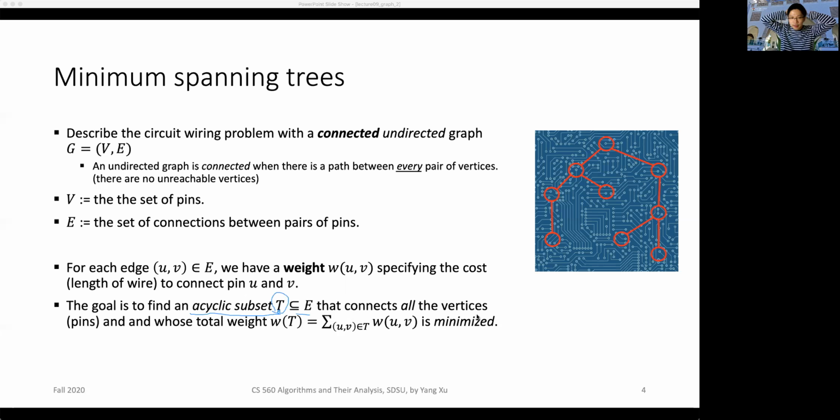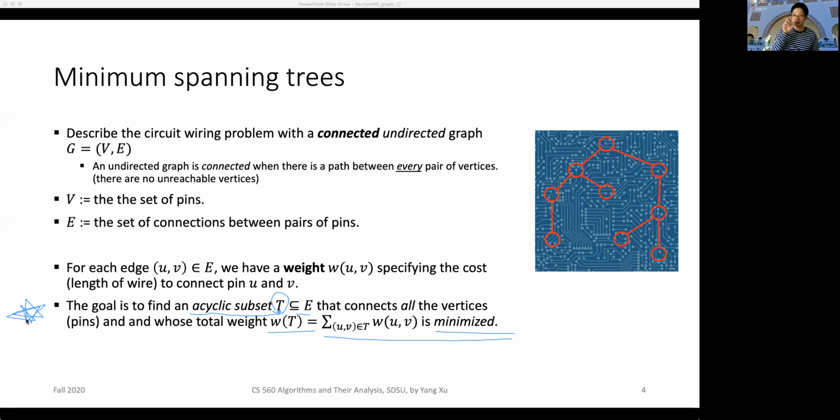And we want the total weight of this subset of edges to be minimized. Okay, so this is the formally defined goal. This time the subset T is not a subset of the vertices, but a subset of the edges.